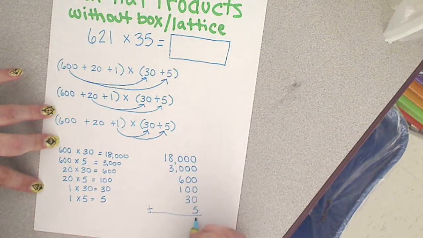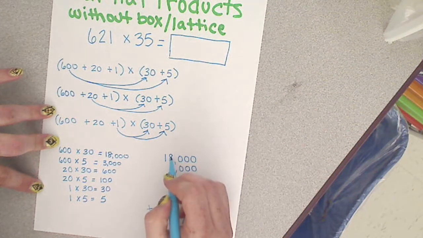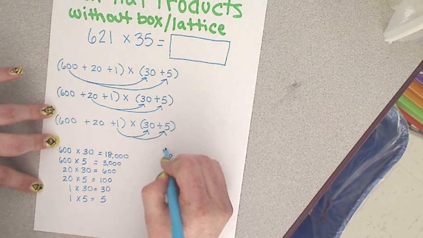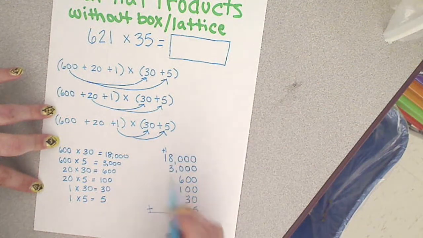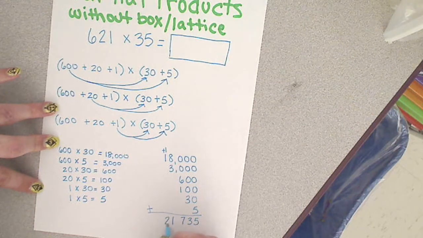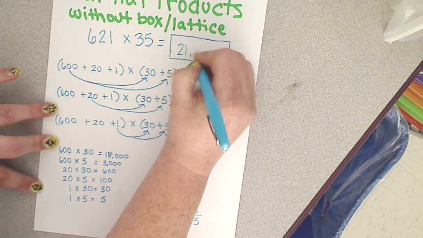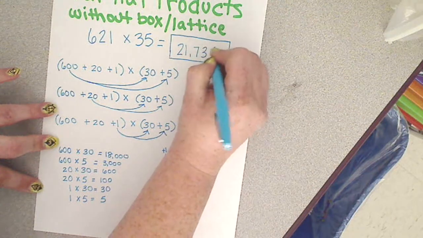Our ones place has a total of 5. Our tens place is a total of 3. Our hundreds place is a total of 7. Our thousands place is a total of 11, so I leave my ones and carry my tens. My 10,000s place is a total of 2. We still came up with 21,735.